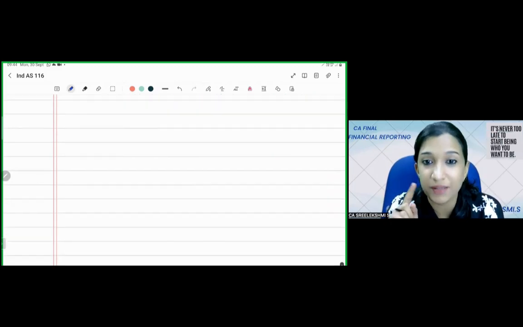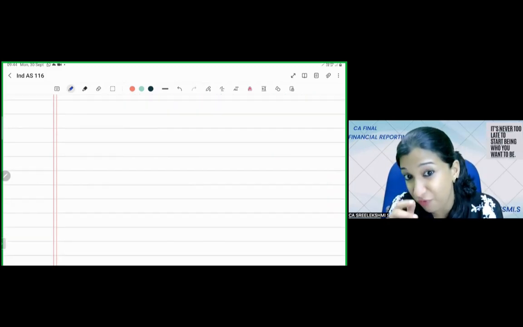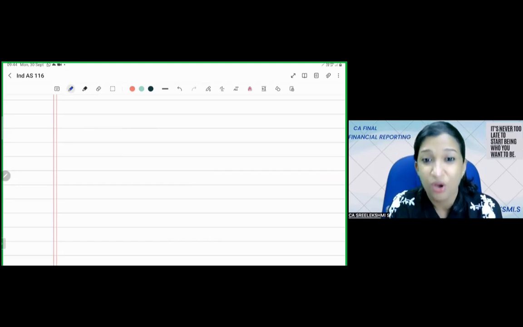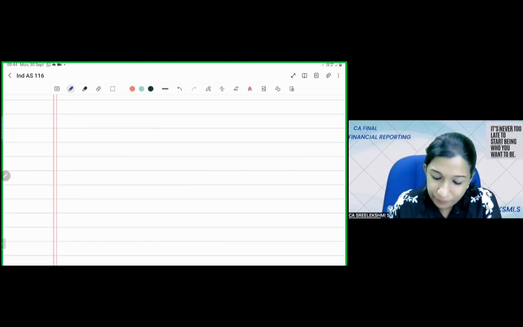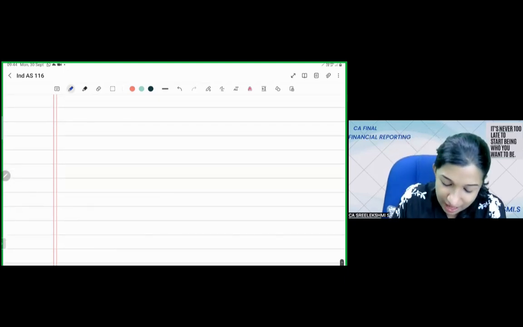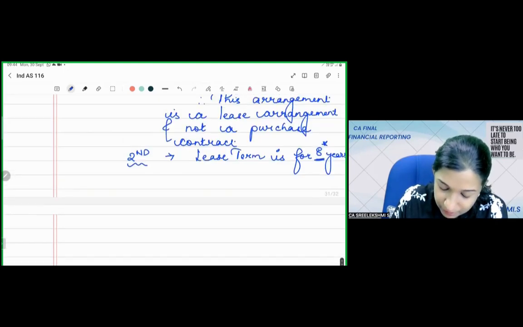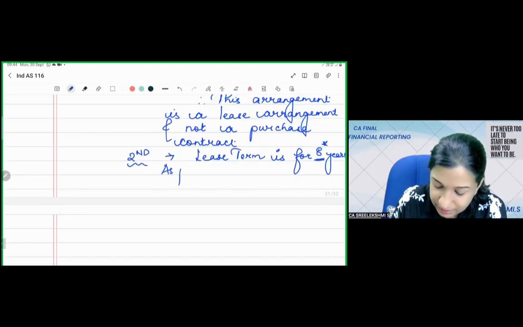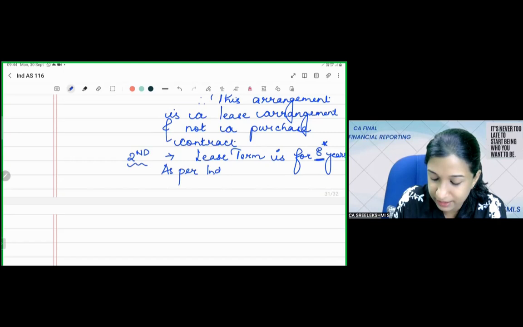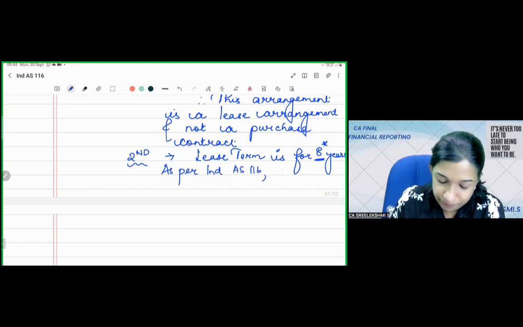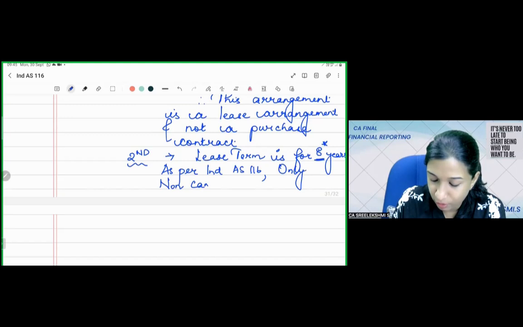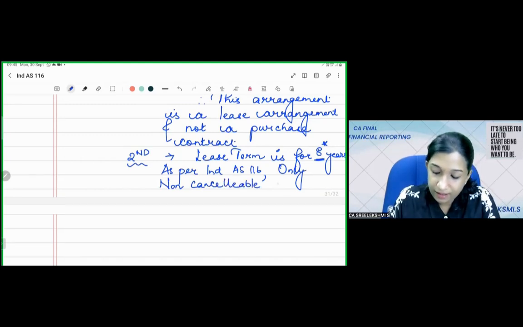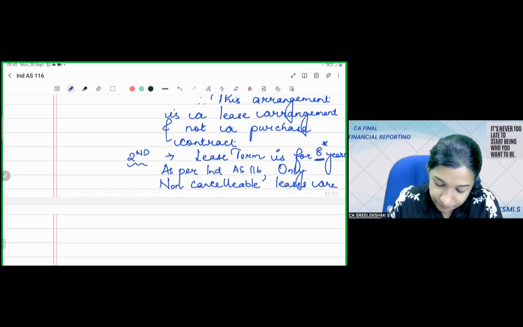Lease term is the term in which both parties have enforceable rights and obligations. So the lease term is 8 years. Again, as per IND AS 116, only non-cancelable leases are considered.